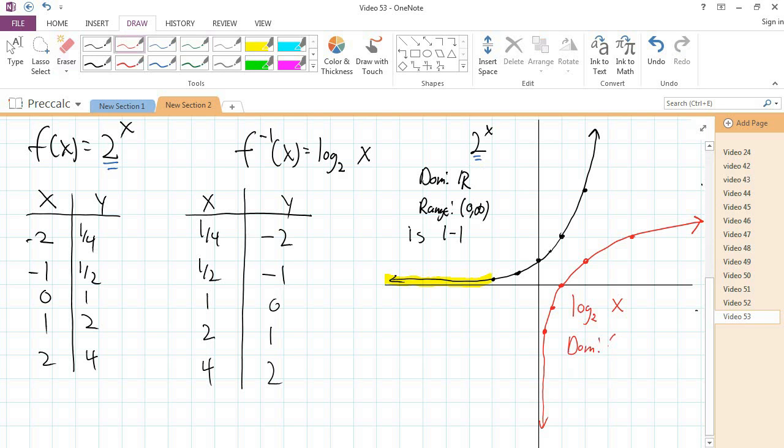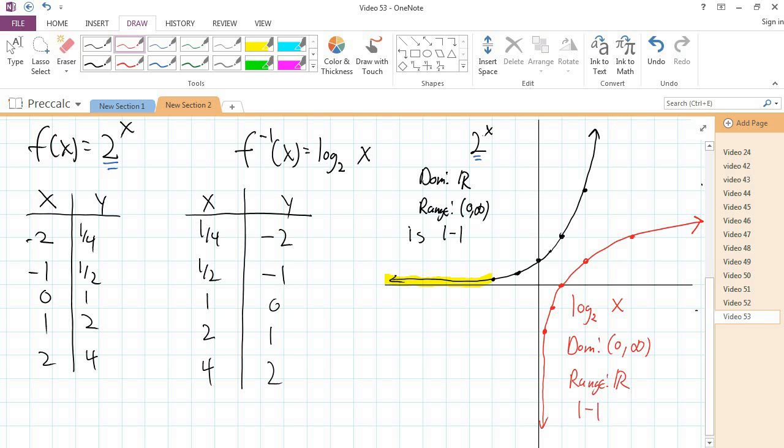So the domain is 0 to infinity, which we can see from the graph, and the range is all reals. Now, this is also 1 to 1, therefore this has an inverse, and as we talked about the other day, the inverse of an inverse is the original function.